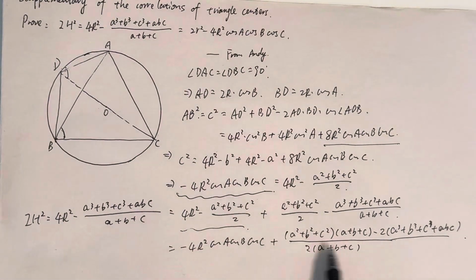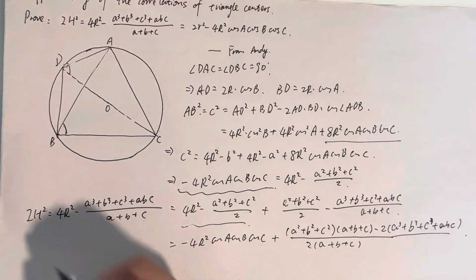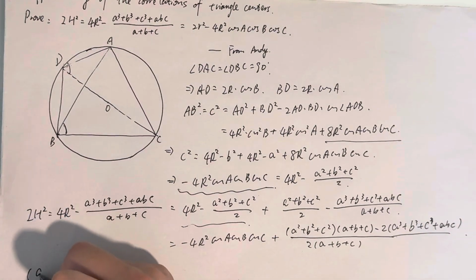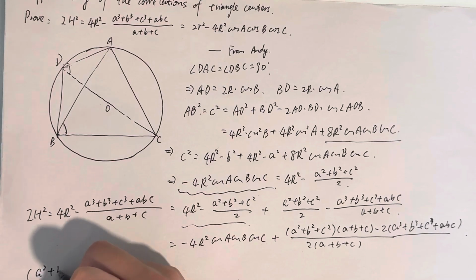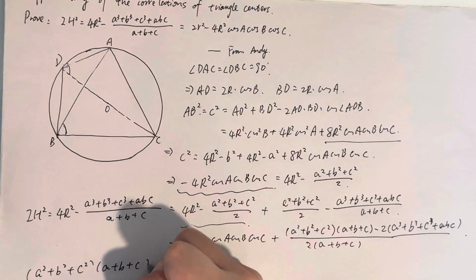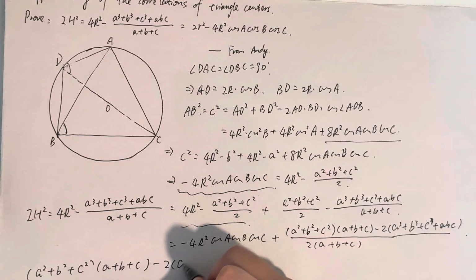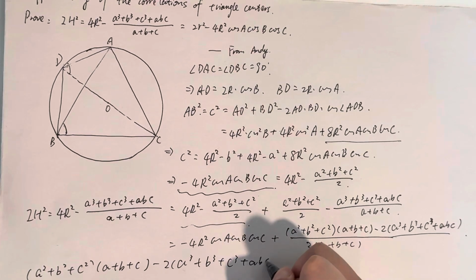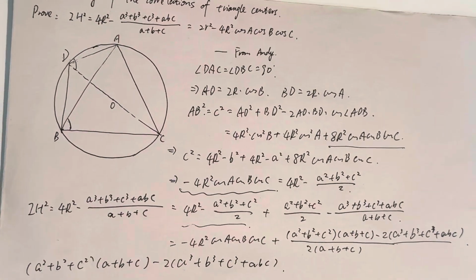Now let's just calculate the denominator of the last term. So we have (a squared plus b squared) times (a plus b plus c) minus twice of this one, right?